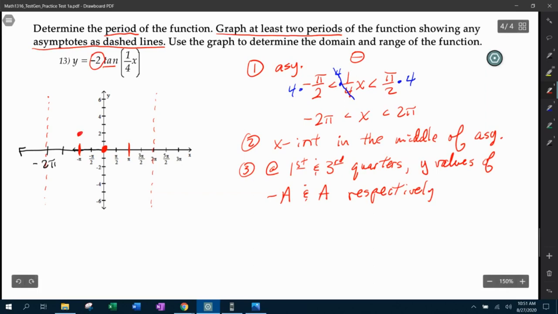You're going to have a y value of positive 2. And at the third quarter, you're going to have a y value of a, which is negative 2. And those are going to get you 2 other points. Always at the first and third quarters, you're going to have y values of negative a and a, respectively.